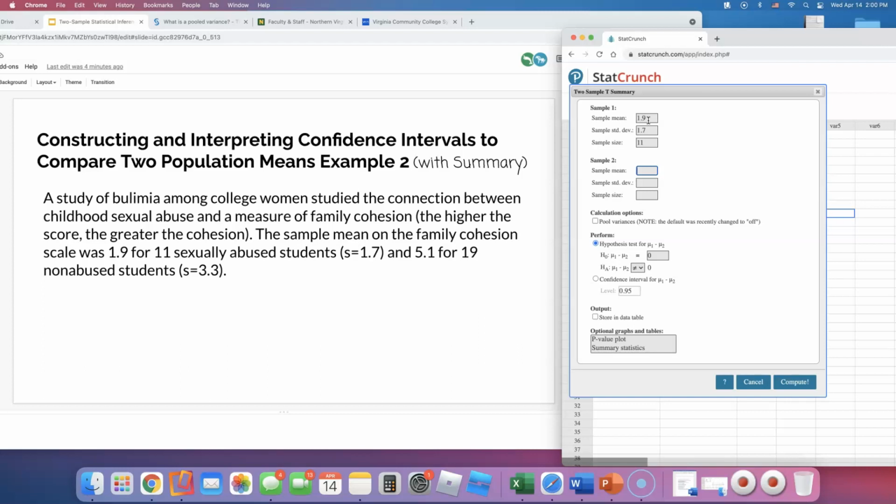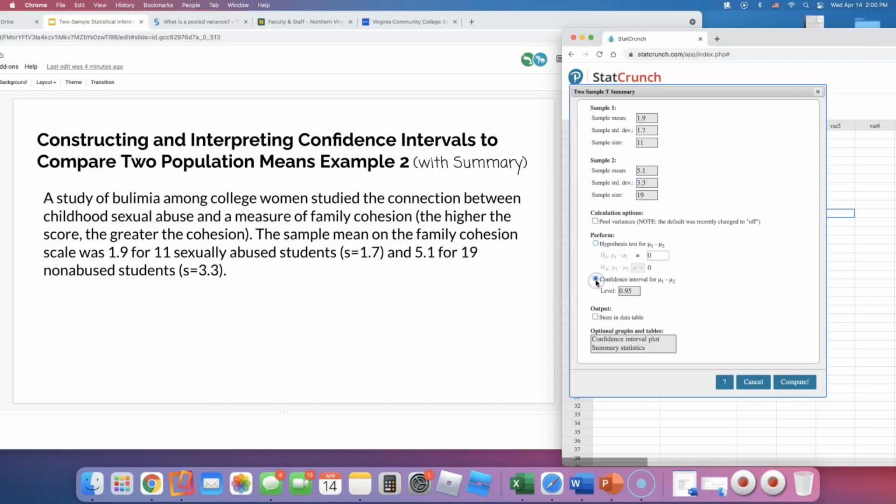Hey, that small sample size, I wonder if the population is normally distributed. Let's assume it. This is too small, but I'm going to assume that the populations are both normally distributed. 5.1, 3.3, and the sample size is 19.